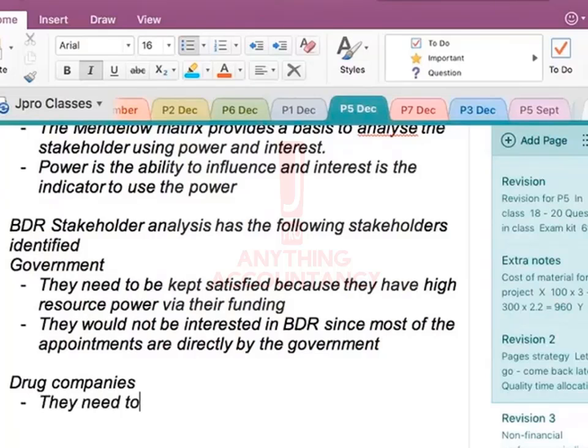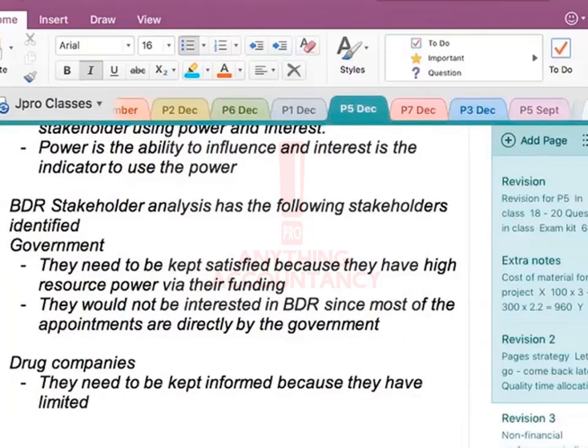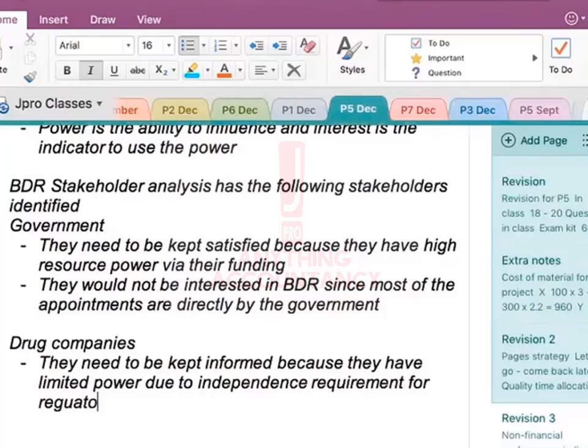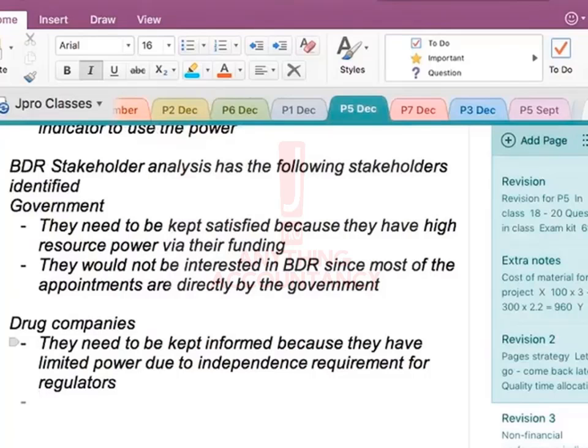They need to be kept informed because they have limited power due to, but are highly interested in the approval process.